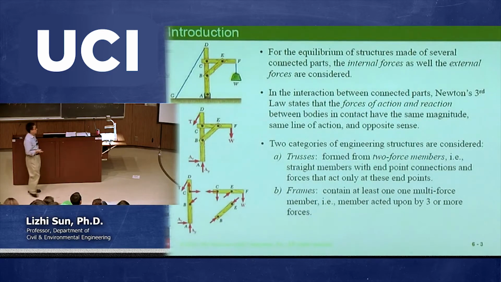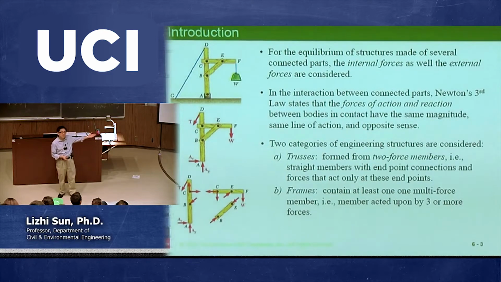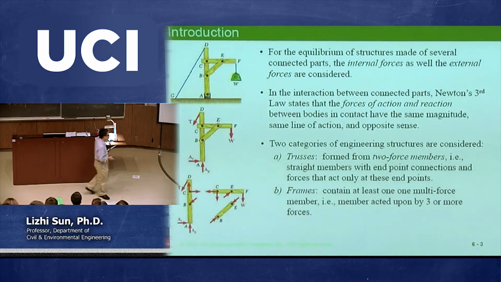Now the question is, in order to calculate internal forces, you really have to make an additional cut. If you do not cut inside the material, there's no way you can calculate internal forces. Then you may say, well, in the previous chapter, chapter 4, we never did an additional internal cut. Because at that time, we were talking about bulky materials or structures, called rigid bodies.